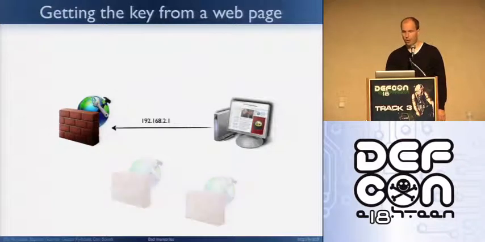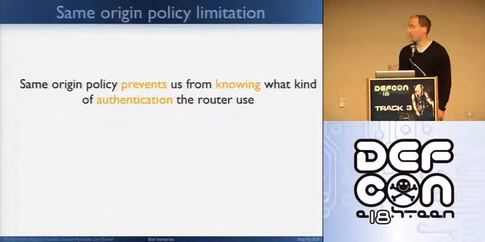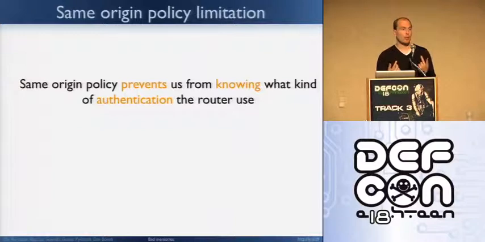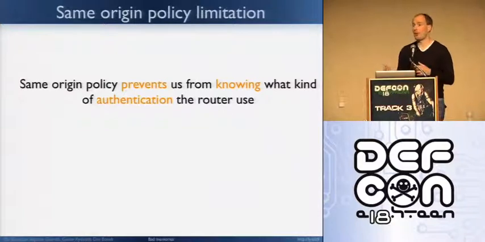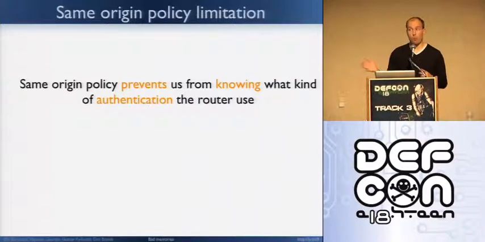Okay. So at that point, there are two kinds of routers in the world. One uses web authentication, or web login, which is the same thing you see on Facebook, Gmail, or that kind of stuff. It's basically an authentication where you have the username and password inside an HTML form. The other type of authentication is the one you had in a previous life, in Web 1.0, which was basic authentication.